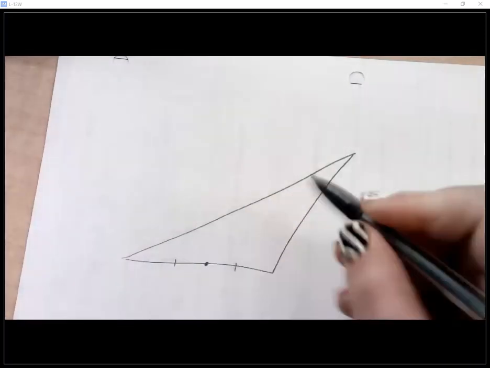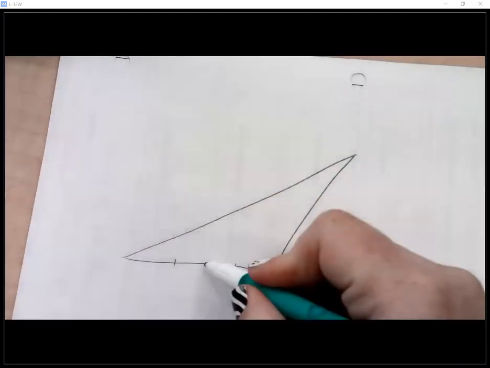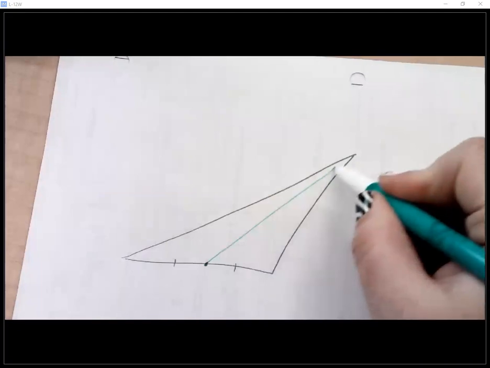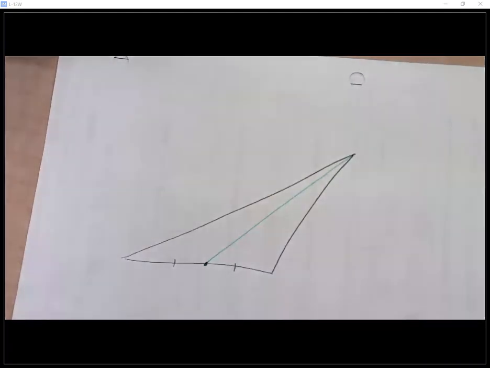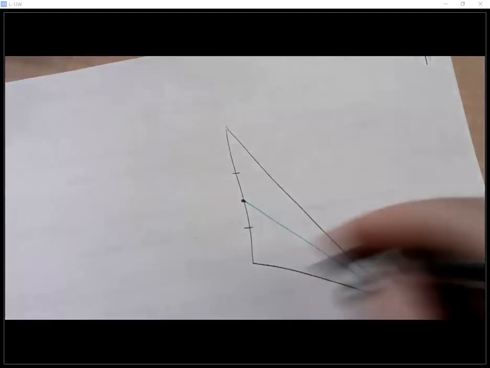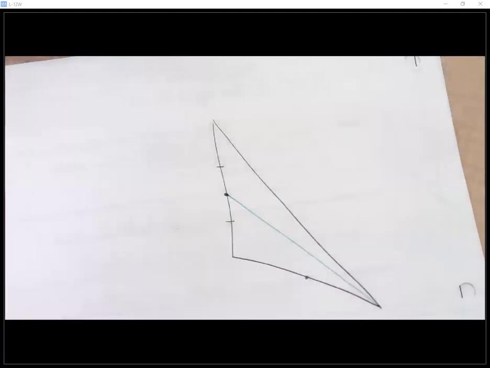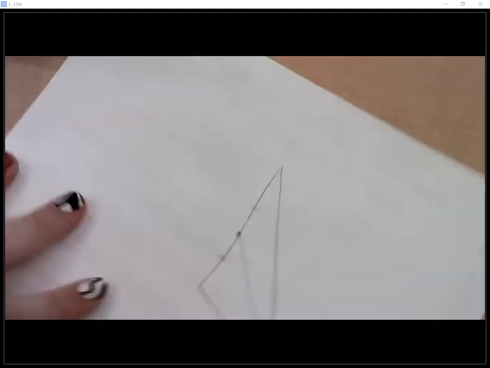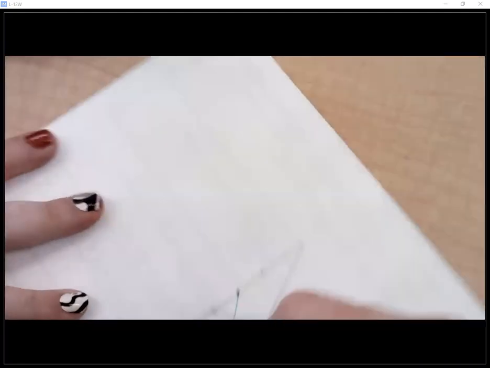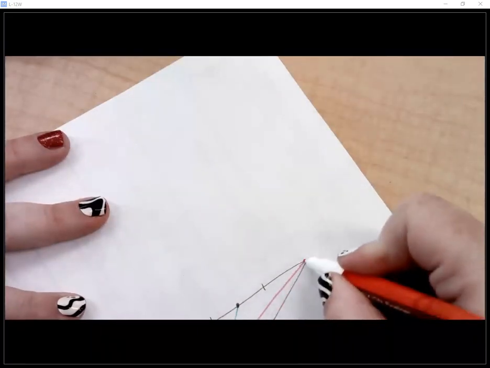So here's, I'll do my color. There's one median, right? If I draw, just keep drawing them. So if I draw in another one over here, eyeball the midpoint. Again, this is not going to be perfect because I'm literally eyeballing and hoping for the best. So if I connect these two, that's pretty good. And then I do the third one.